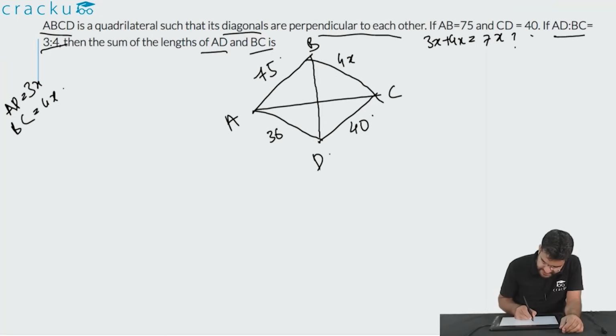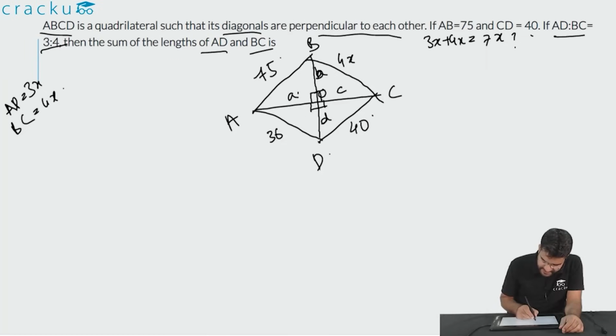To calculate this, let us assume that the diagonals intersect at a point called O. Now each of the angles around O is a right angle. So let us assume that the four sides OB, OC, OD and OA are b, c, d and a. We are doing this because we can use Pythagoras theorem repeatedly to get an equation and calculate the value of x.